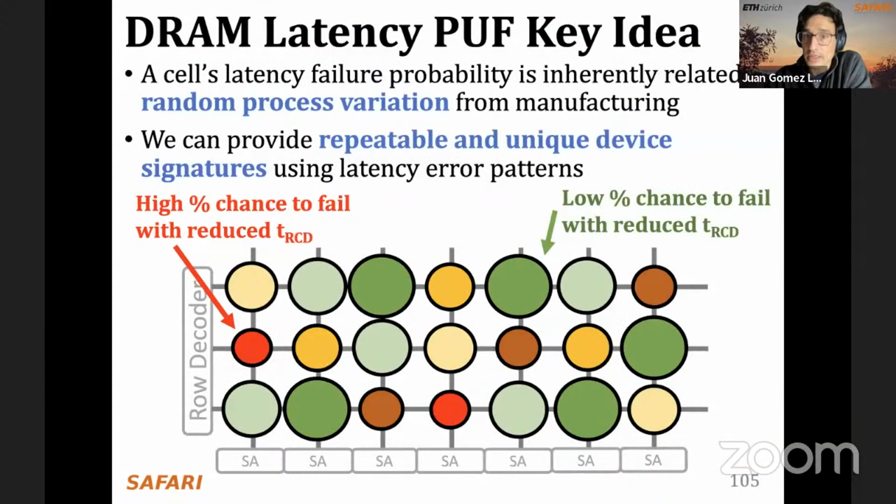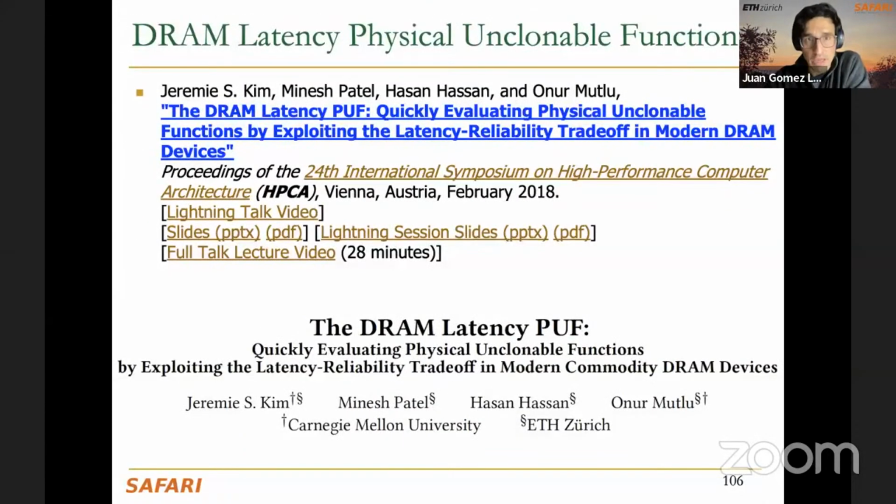By taking advantage of this characteristic and the random process variation from manufacturing, it's possible to create physically unclonable functions that are repeatable and unique device signatures that can identify a system or a DRAM DIMM and make it, let's say, trustable. This is the paper.